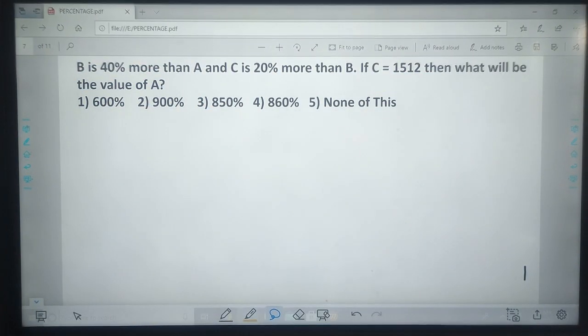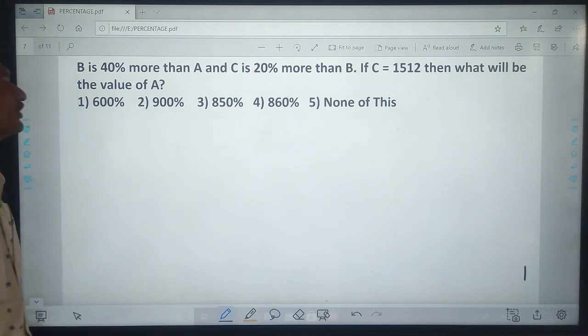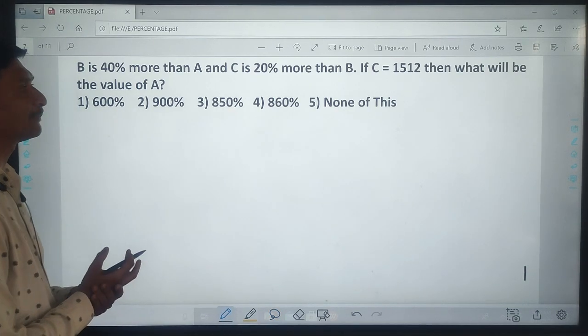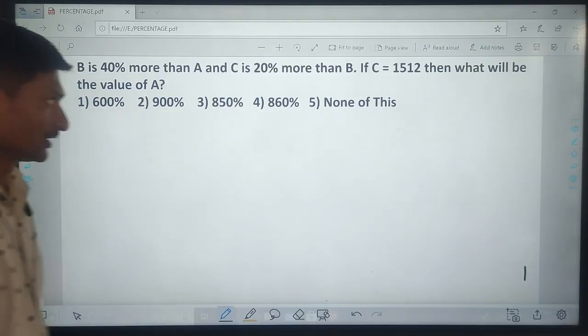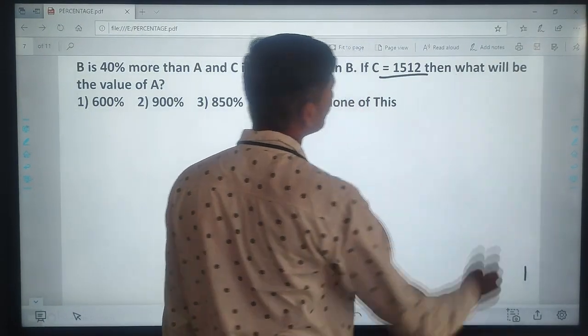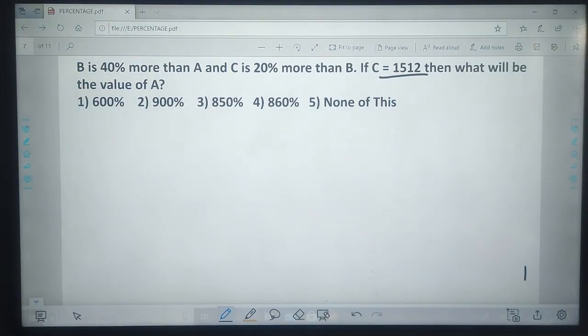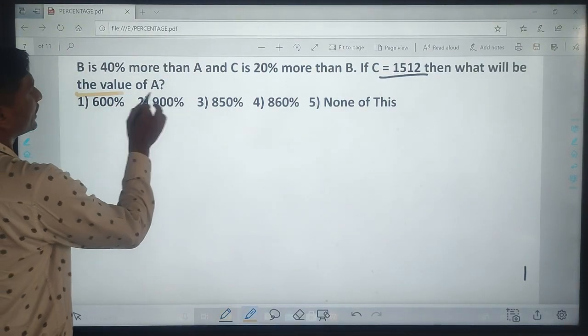If B is 40% more than A, and C is 20% more than B, if C is 1512, then what will be the value of A?